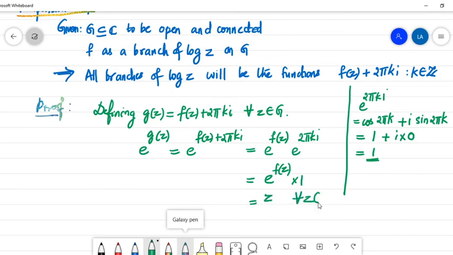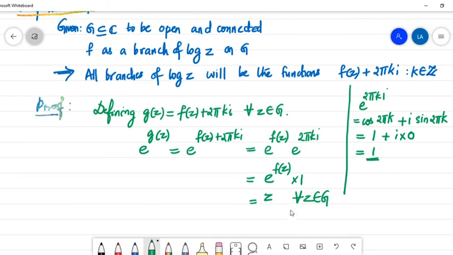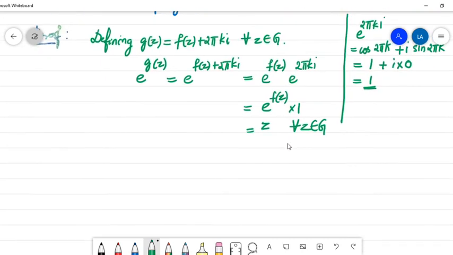For every z that belongs to G. Now you got that e raised to g of z is equal to z. What does that imply? That implies g is a branch of the logarithmic function. This is an observation at first.